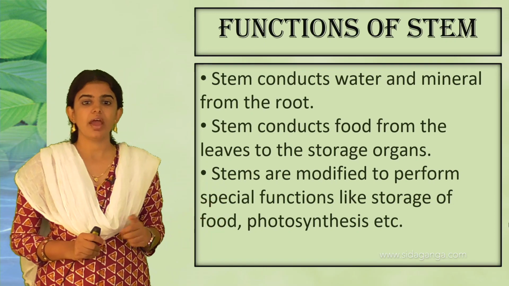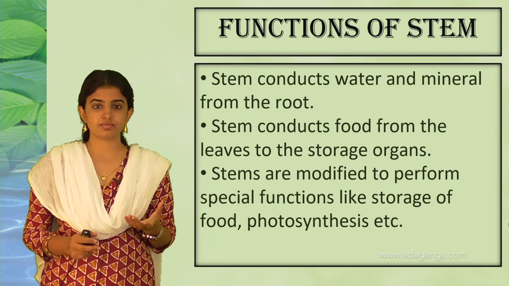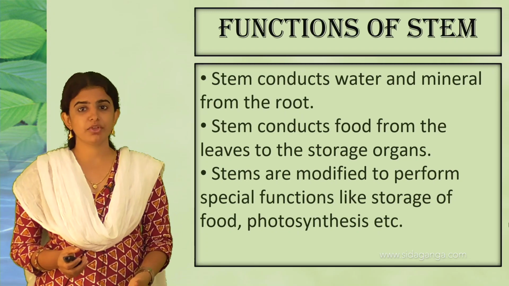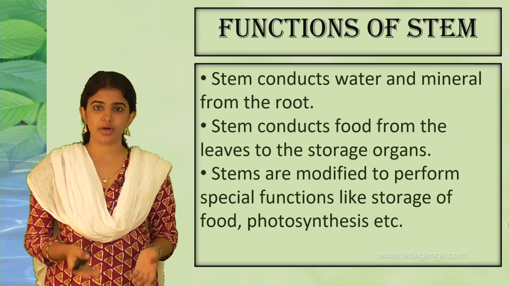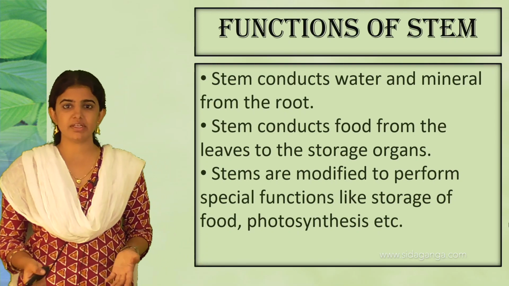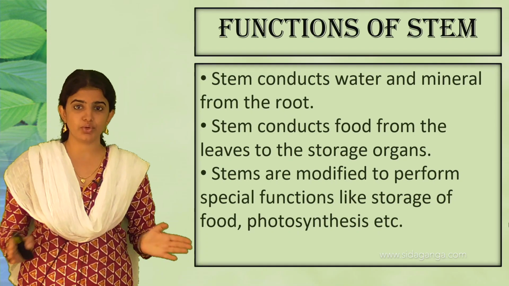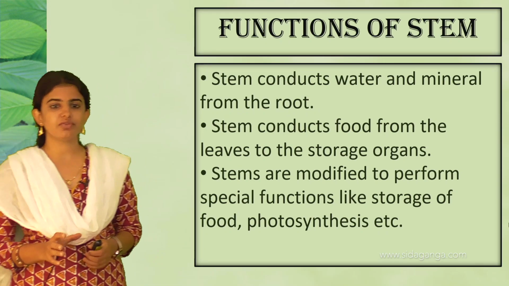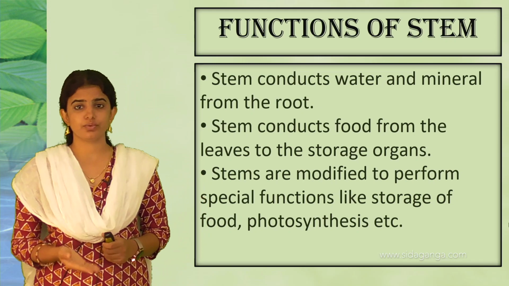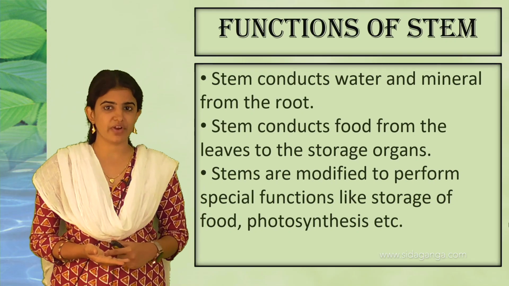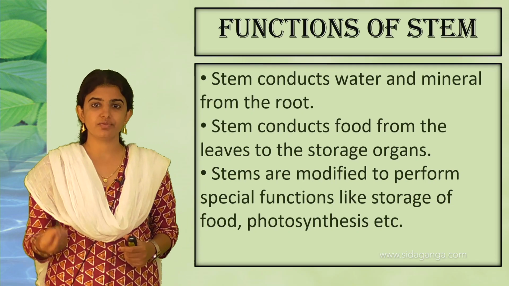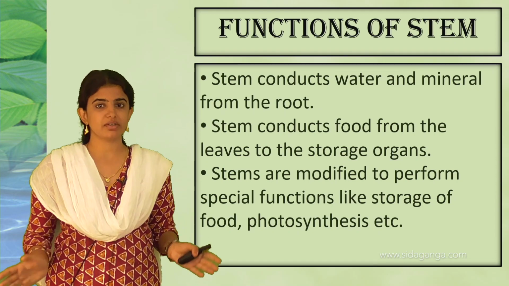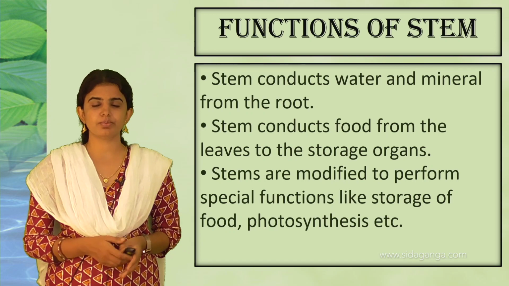The next one is that the stem conducts water as well as minerals from the root and circulates them throughout the plant body. Next, the stem conducts food from the leaves. Usually the leaf is considered the kitchen factory of the plant, and thereby the food is transported through the stem to different parts of the plant.